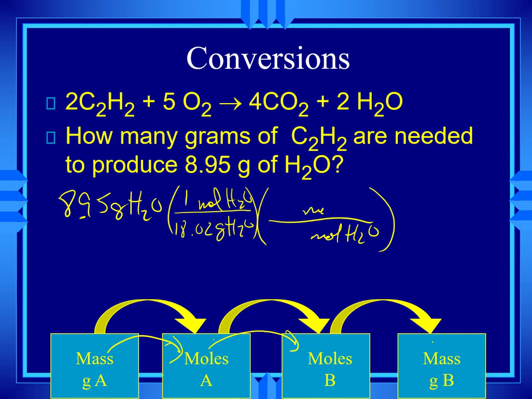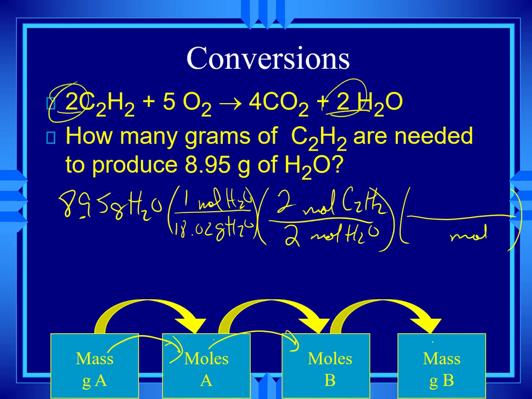So I changed it to moles so I can change chemicals, and the chemical they asked me about was C2H2. And out of my balanced equation, there's a 2 in front of H2O, and there's a 2 in front of C2H2. You need both 2's, because you take the numbers out of the equation.